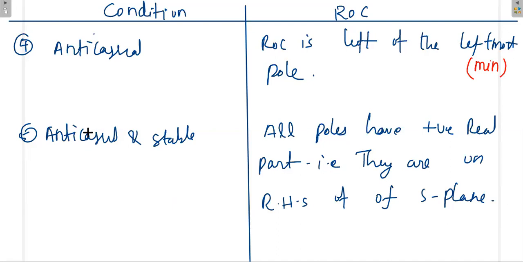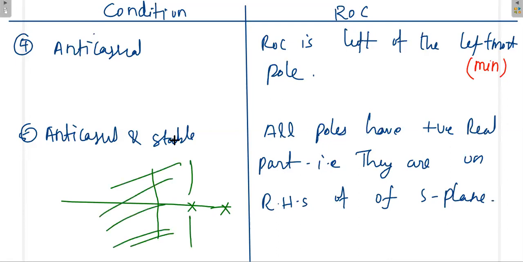And another condition is that the system has to be anti-causal and also stable. So again, we will see the possibilities here. If I choose one pole here and another pole here, and I go towards the left side, I may get the stability and also the anti-causal nature.